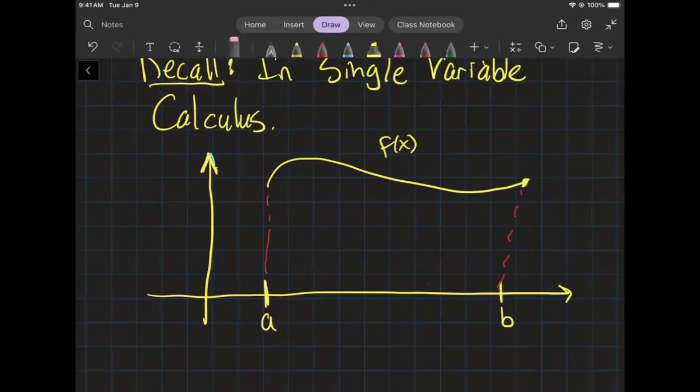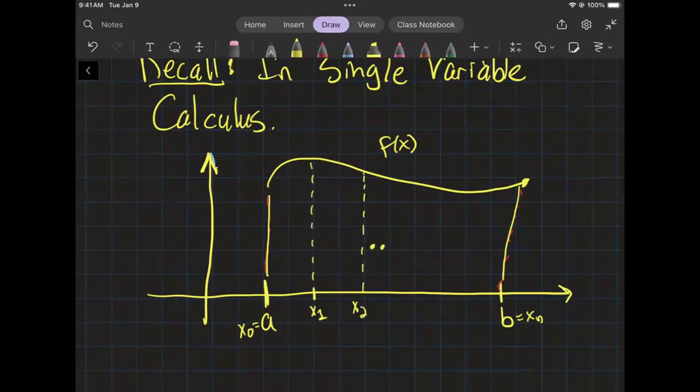What we do is we look at even line segments in between A and B. So we're going to look at what's called a partition. If I define x0 as A and let xn equal B, I'm going to divide up this interval into even sub-intervals.